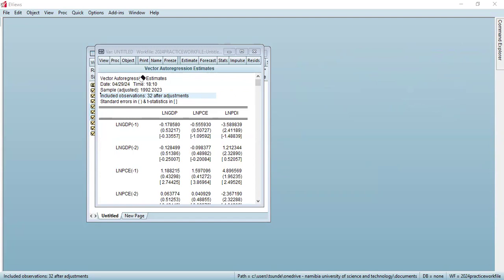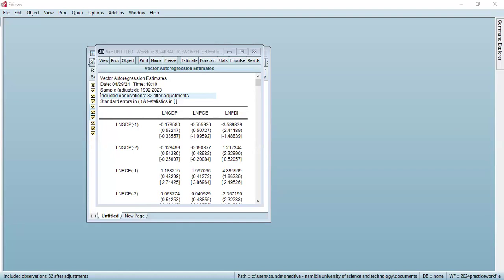So having done this, there are a number of things that I want us to do. First, we want to find the appropriate lag length for this model. What is the appropriate lag length for this model?